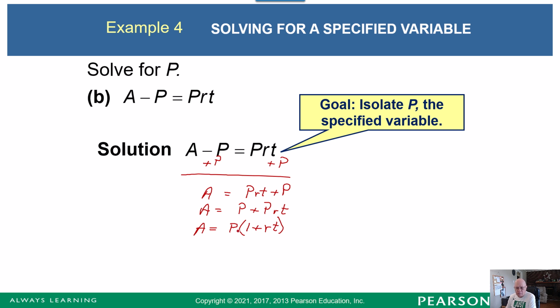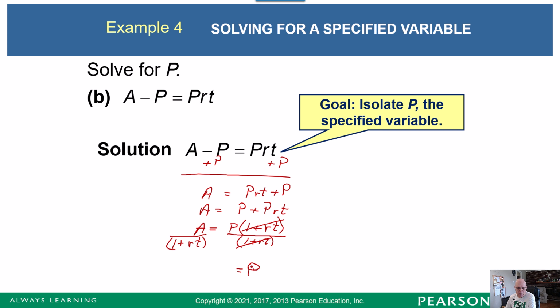Now we want to solve for P. Well, what's in the way? I've got 1 plus RT multiplied times it. So if I divide by 1 plus RT on the right, I'll have to do the same thing on the left. Divide by 1 plus RT. Over here, these 1 plus RTs will cancel, and we'll get a P. And that's what we wanted to solve for.